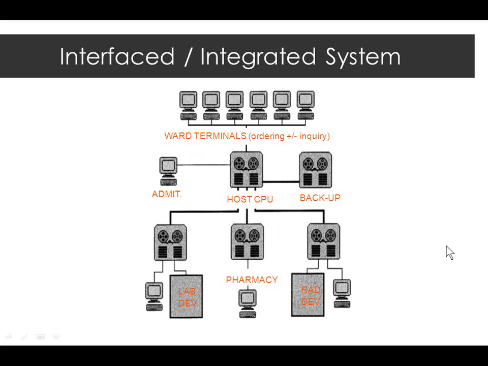This is probably the more common that we have right now, where we have some kind of lab computer like SunQuest, some kind of radiology device, all going into a centralized host, and this would be Apex at this point, and then the ward terminals just access off of that system. If you looked at probably 90% of institutions, they are built around this kind of model right now, rather than either the centralized CPU or the entirely separated systems that don't talk to each other.